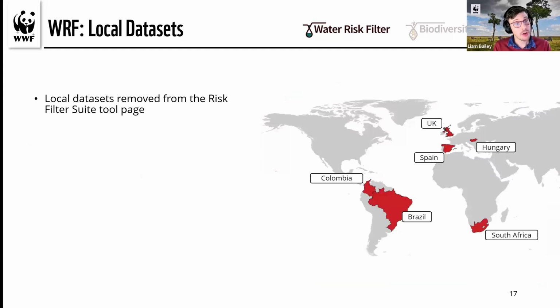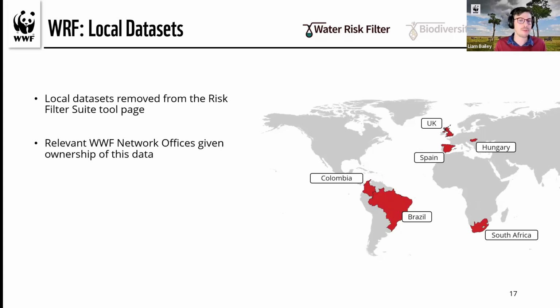One other important thing to note about the water risk filter is our removal of local data sets. In our previous versions, we had access to local downscaled data for a number of countries and regions around the globe. Unfortunately, with these changes, these older local data sets are now misaligned and need a bit of maintenance. And this is something that we've now passed on to our relevant WWF network officers, who we feel are better placed on the ground to be working on this type of data and trying to maintain it in the future.